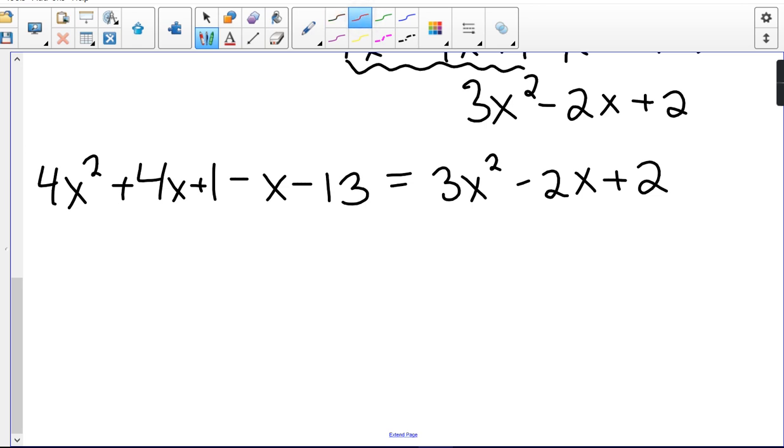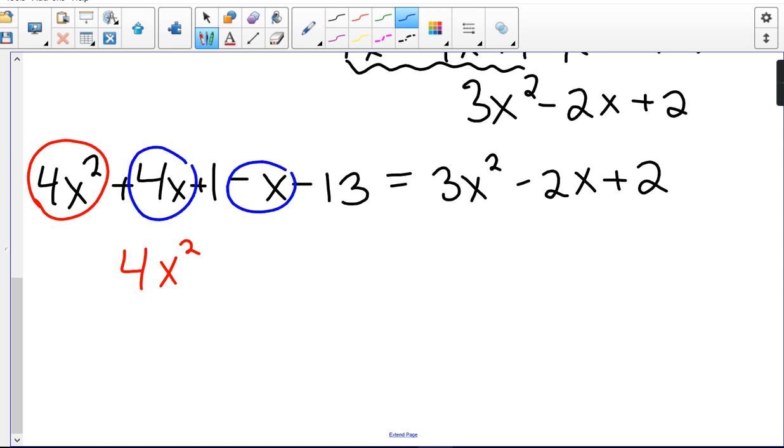The first exponent I see is a 2. I see 4x squared. I don't see any term to combine that with, so I'll just keep 4x squared as is. The next exponent would be the first power. We see 4x and negative 1x. So 4x minus 1x is positive 3x. And then we have positive 1 and negative 13. 1 minus 13 is negative 12.